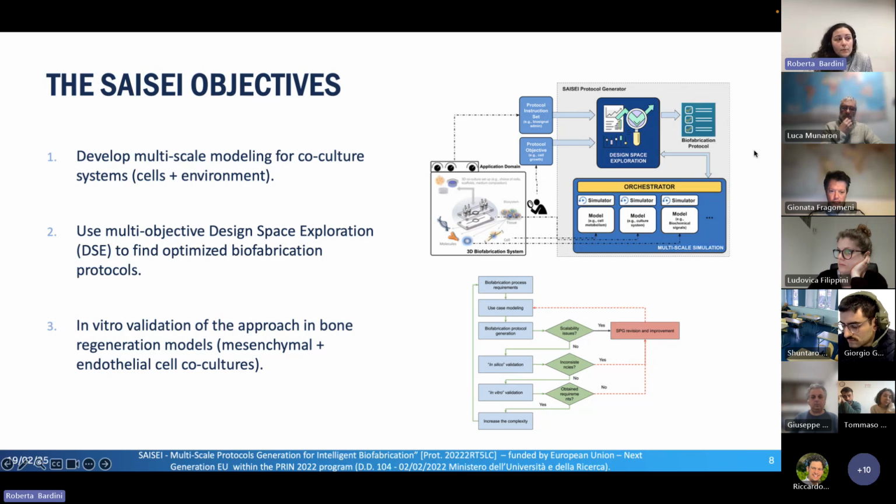This scalable simulation and optimization framework has the sole objective of generating an optimal protocol, trying out different configurations in silico to reduce the time and cost required for the trial and error process that would otherwise be carried out in vitro, and go back to the lab with an in silico optimized protocol to test out.